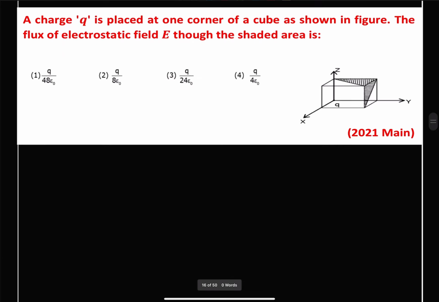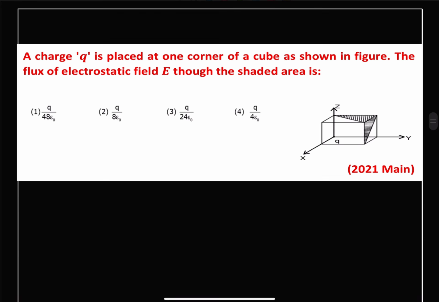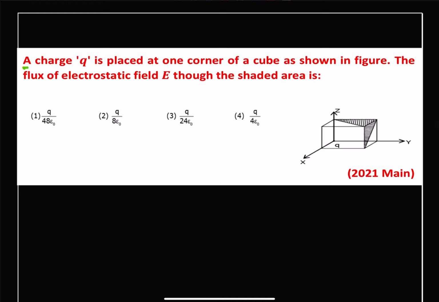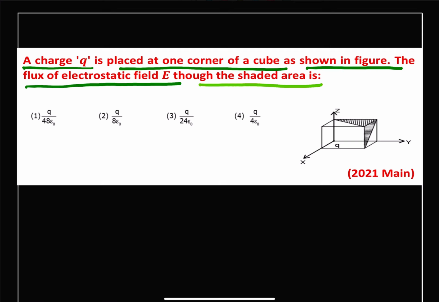It states that a charge Q is placed at one corner of a cube as shown in the figure. The flux of the electrostatic field through the shaded area is? So we are given that a cube is given and charge is placed at one of the corners.